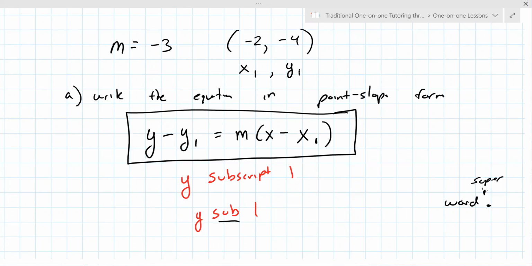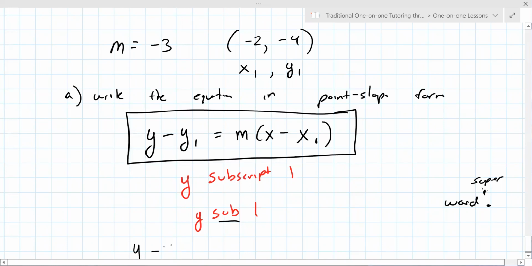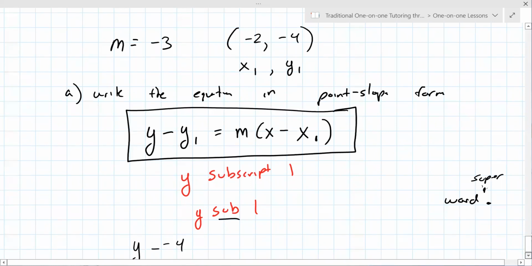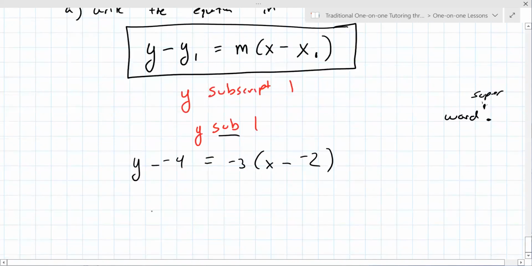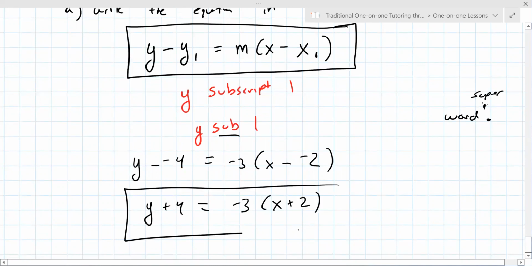These are the questions that we were starting with today. Yeah, right, I'm doing it. I just kind of forgot about it. So is it y plus 4 equals -3 times parenthesis x plus 2? Yes, yes. Okay, fantastic. There you go.